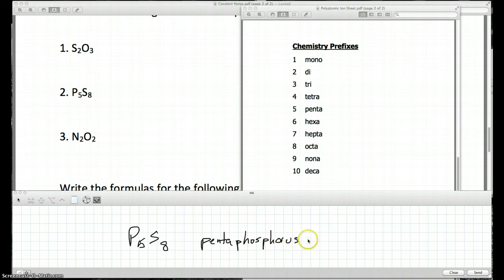Pentaphosphorus, and then octa for 8. And just like before, sulfur becomes sulfide. The ending of the second one always becomes IDE. When you pause the video, try the next one, and then unpause it, and we'll go over it.